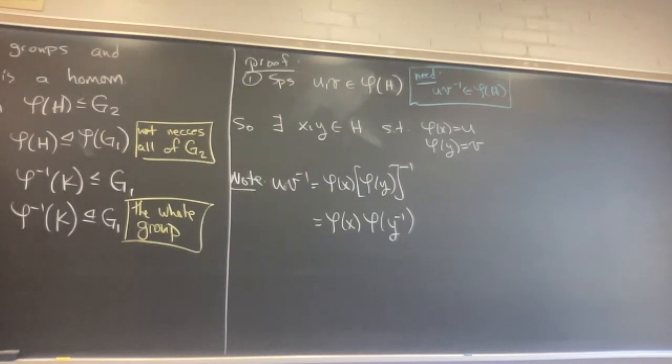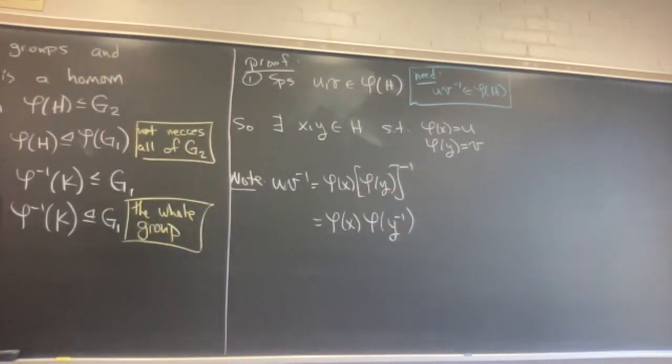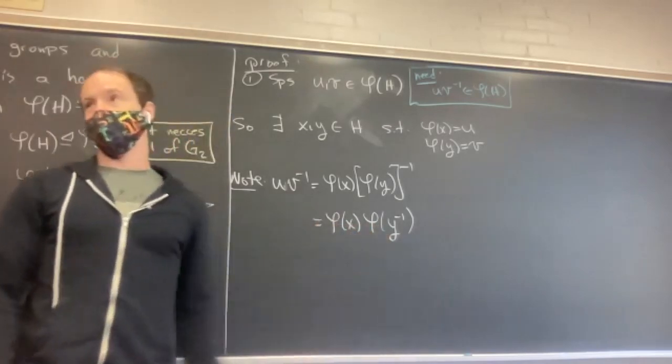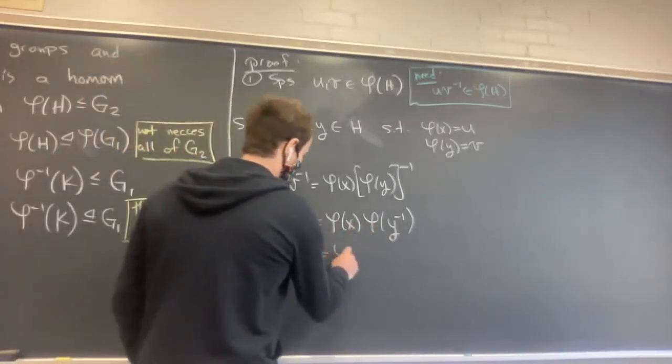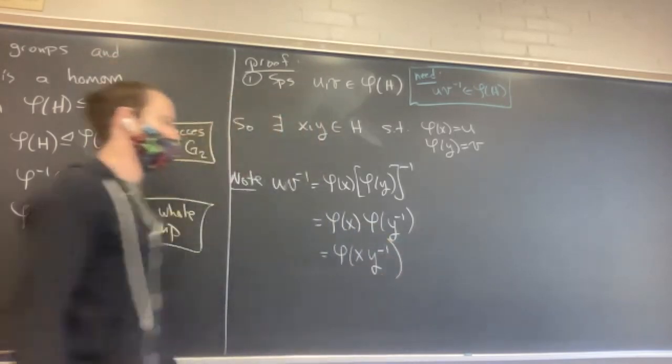One of the things you guys watched was a property of homomorphisms, and one of the properties was that you can bring the inverse inside. Actually, I think we covered that when we did properties of isomorphisms a couple weeks ago. So you can bring the inverse inside, but now we know that we can smash those two together. So we're going to get that this is equal to phi of X Y inverse.